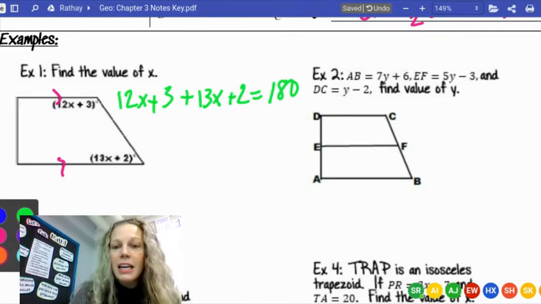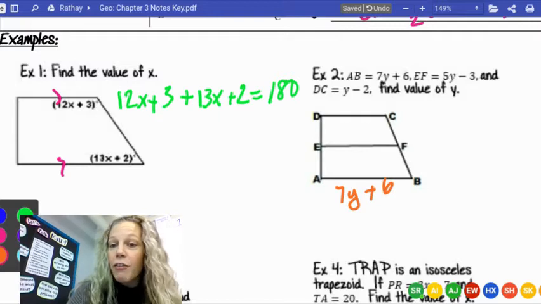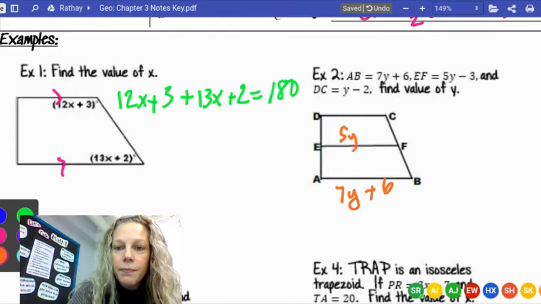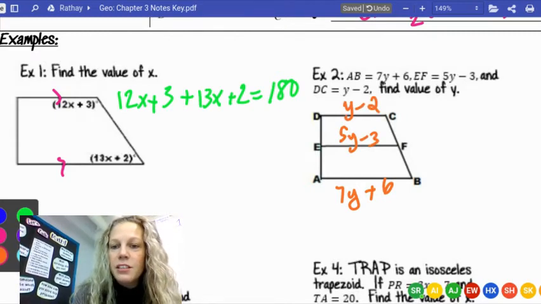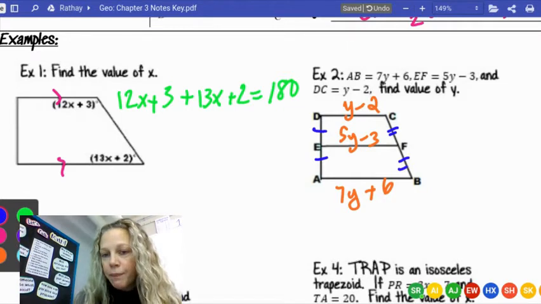Next example, AB is 7y plus 6. EF, our mid-segment, is 5y minus 3. And DC is y minus 2. I will say this question should have had some more information given. I should have told you that E was a midpoint and F was a midpoint.